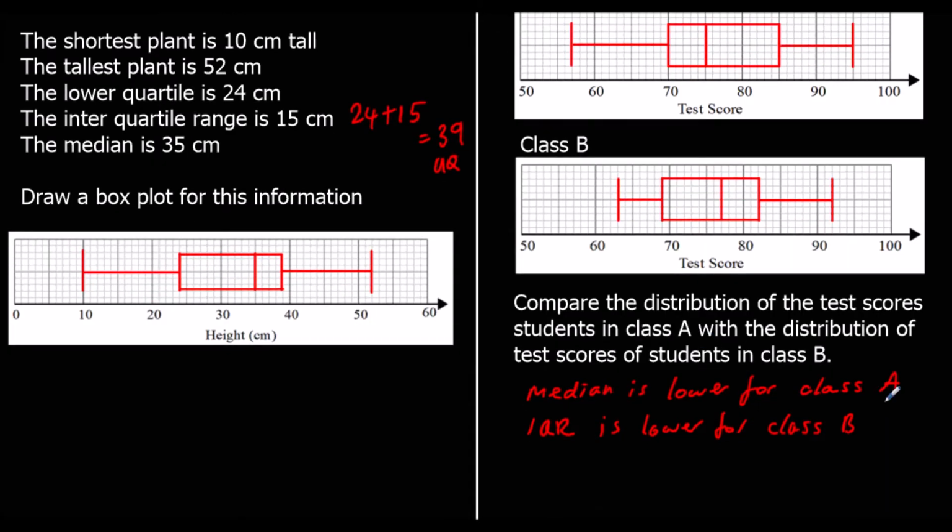The class B scores are less spread out. And that's what we have to do to compare box plots. So compare the average, compare the median, and compare either the interquartile range or the range for the spread.